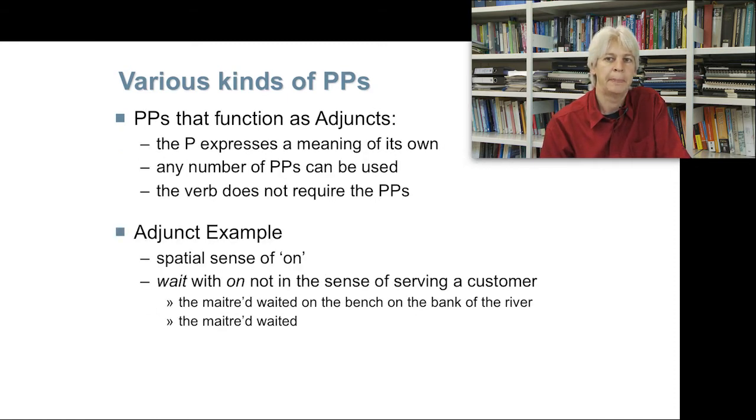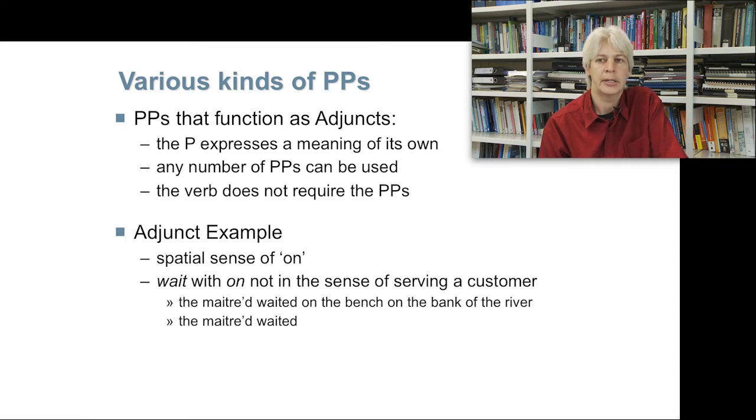Okay, so how do we analyze this? Let's get on towards that. So we have various kinds of PPs. The PPs that function as adjuncts, the preposition expresses a meaning of its own. I've said that. Recall, any number of PPs can be used, and the verb does not require this as an argument. That's why they're analyzed as adjuncts. Here an example, spatial sense of "on."